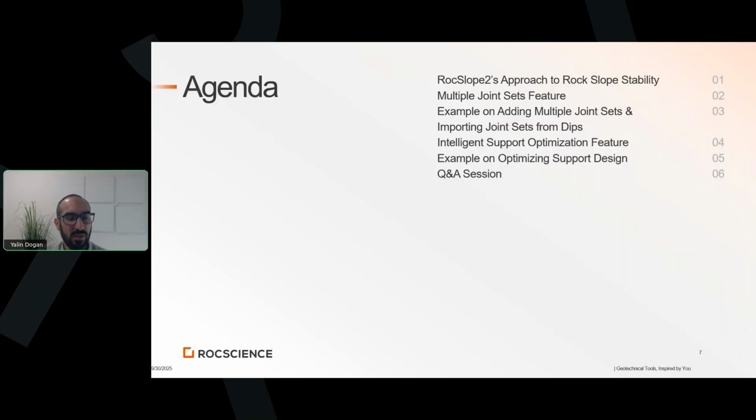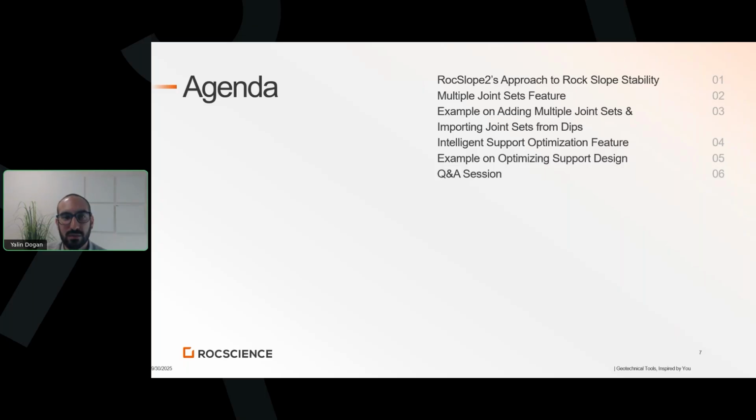In today's webinar, we'll start with some general information about RocSlope for those who are not quite familiar with the product, and we'll have a quick look at RocSlope's approach to evaluating the stability of rock slopes using 3D kinematic and block-based analysis. We'll then move on to discussing one of the new features we recently included in RocSlope2, the multiple joint sets feature.